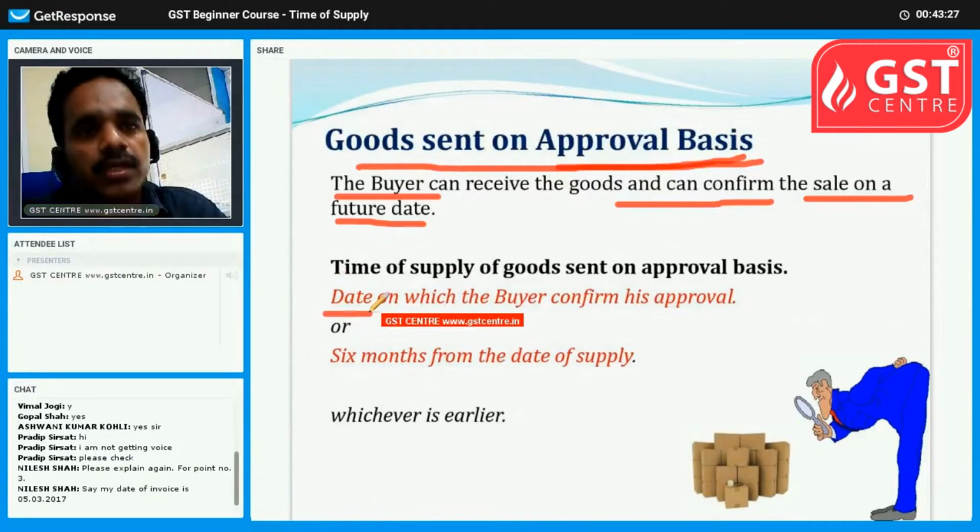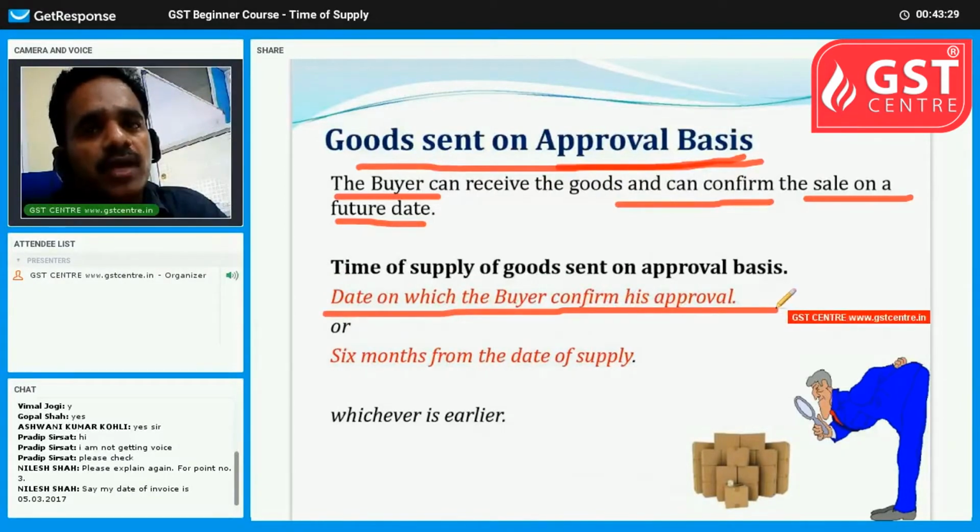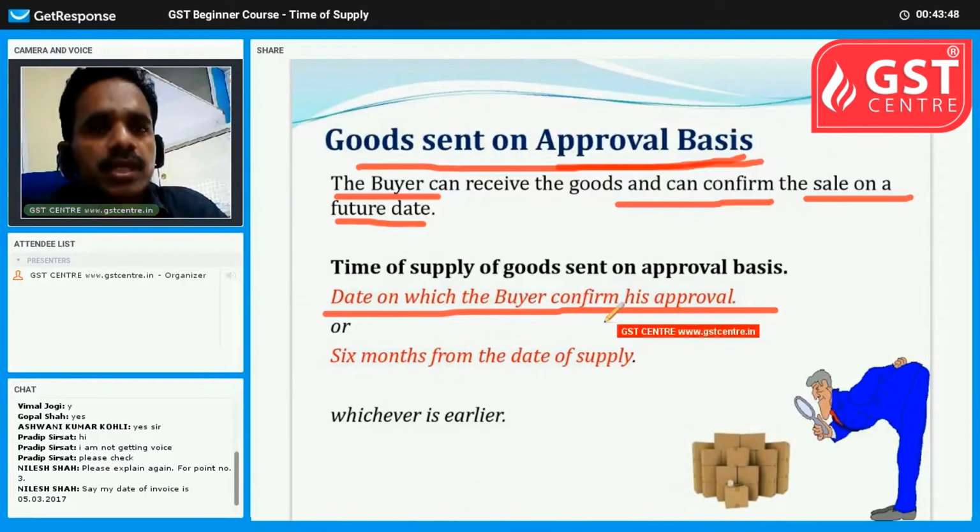The time of supply will be the date on which the buyer confirms his approval. That is, he is taking the delivery, and it will be a legal supply as per the GST Act. Then the supplier is liable to collect GST and pay to the government on the buyer's confirmation.